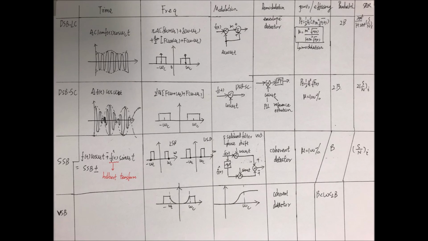For single sideband, we want to improve my efficiency for bandwidth, because we know no matter whether you have the lower or upper sideband, it can cover all the information in your message. So the next member, the most advanced, we call it single sideband.